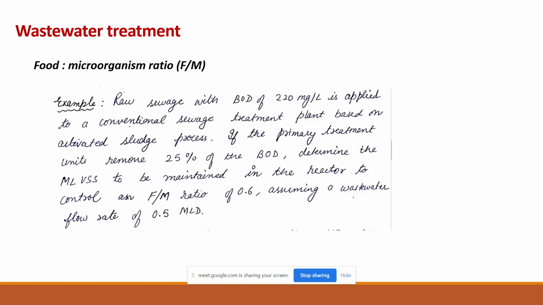Now after this, there is another example. You have raw sewage with BOD of 220 mg per liter applied to a conventional sewage treatment plant based on the activated sludge process. Okay, so there is a sewage treatment plant and it is based on the activated sludge process. The BOD of raw sewage is 220 mg per liter.